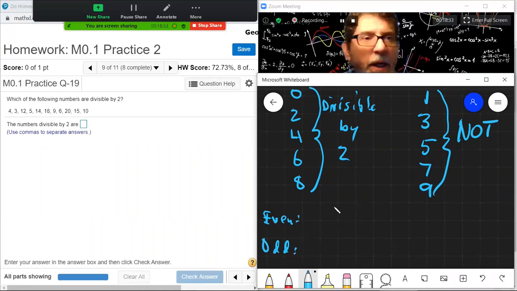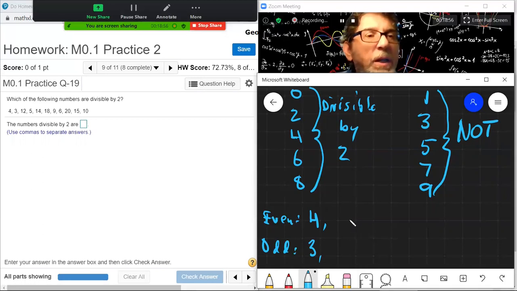Let's go right down the line here. So let's look at the number 4. Is 4 divisible by 2? Well, is it even? Yeah, there it is. So it's divisible by 2. So 4 is even, which is divisible by 2. 3. 3 is on that list. Nope. It's an odd number. It is not divisible by 2.